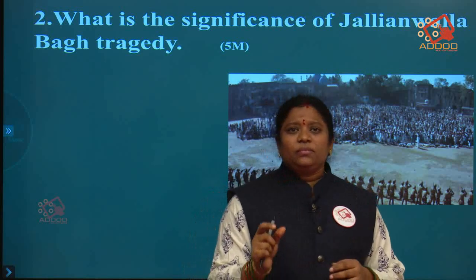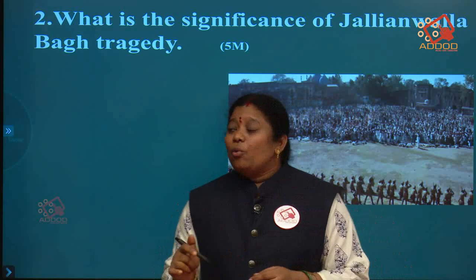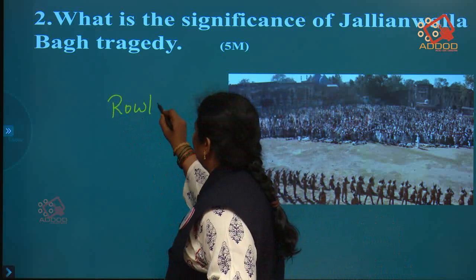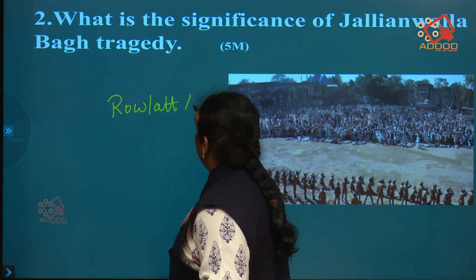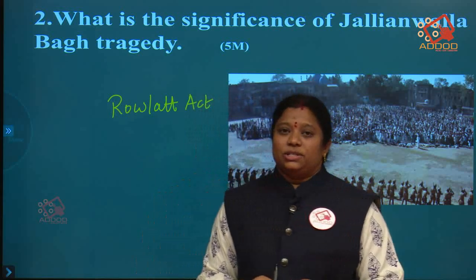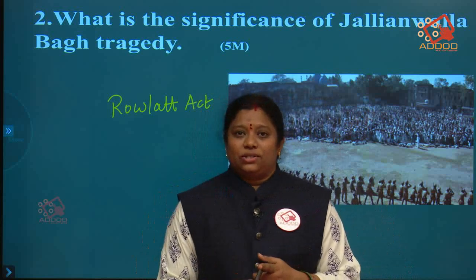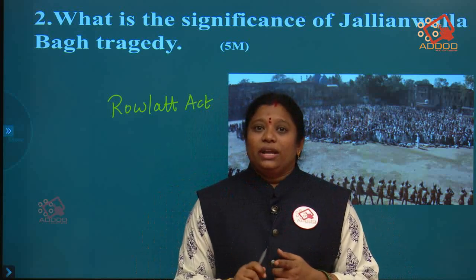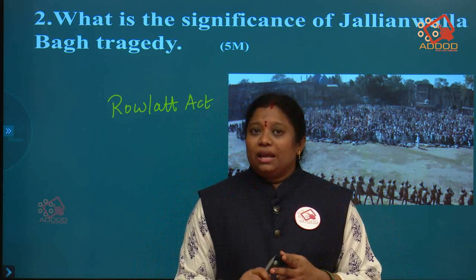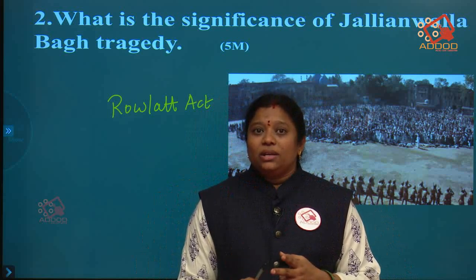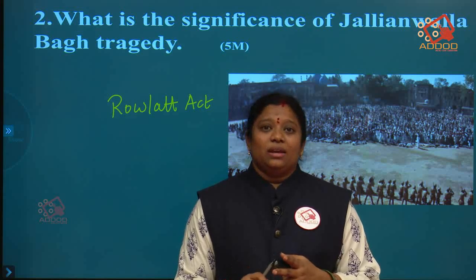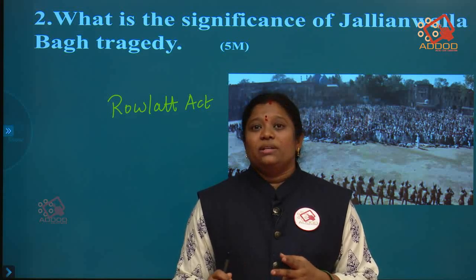Here, in 1919, the Rowlatt Act was passed by the Britishers. As part of this Act, Indians' fundamental rights were curbed, and they could arrest Indians without any reason, without any arrest warrant, and give imprisonment without any trial.